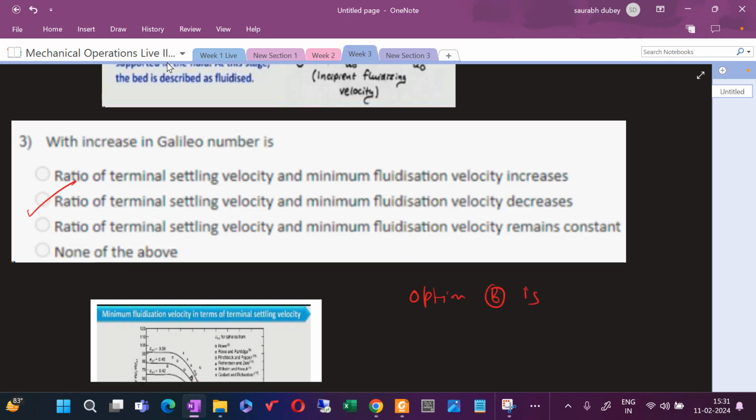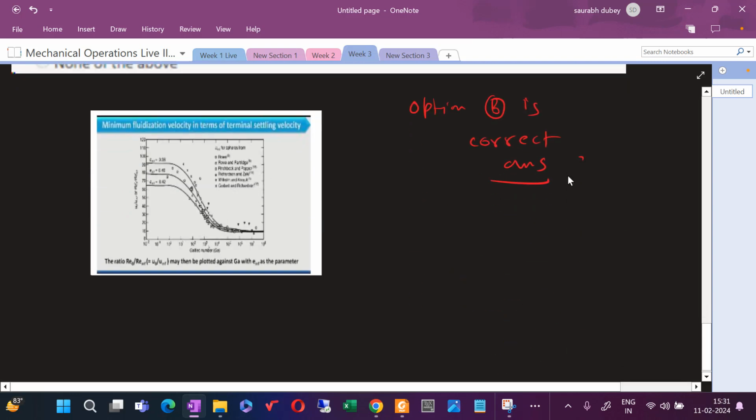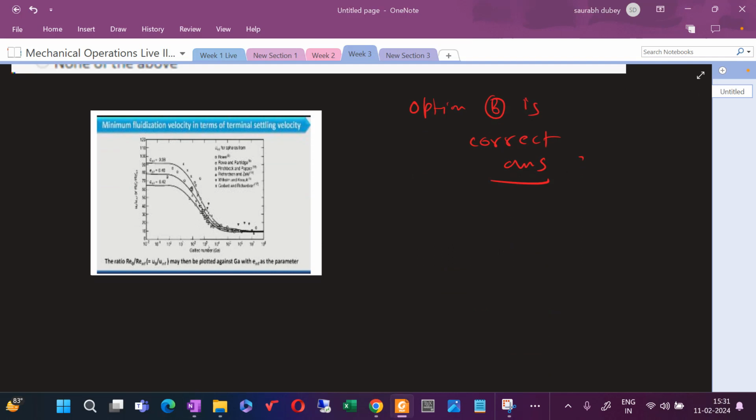B is the correct answer. And why was this used during the course? You have got to know from where this graph came and how this discussion came into existence. It first came when you were calculating the minimum fluidization velocity in terms of terminal settling velocity, and there you encountered this particular curve relating them.